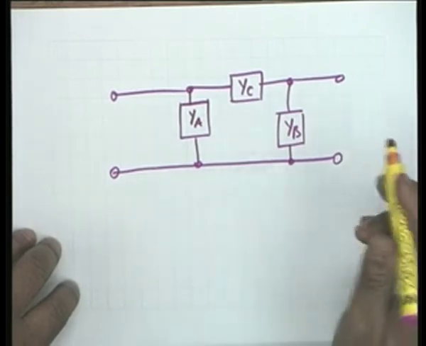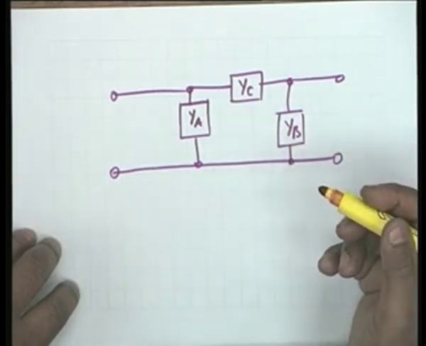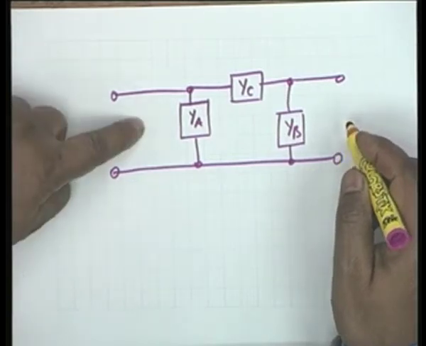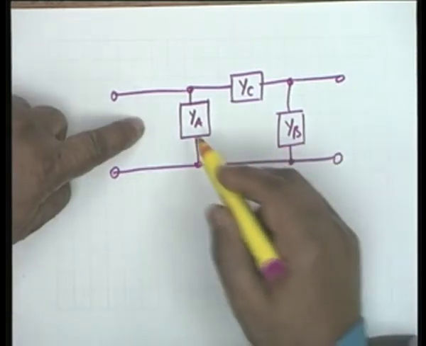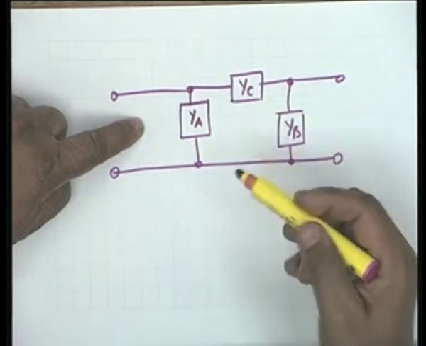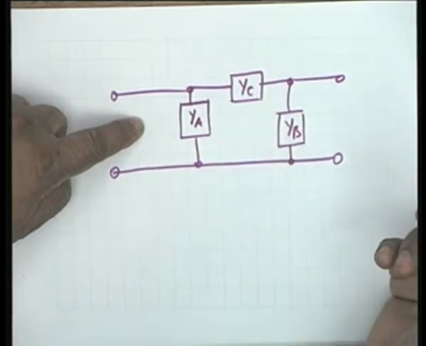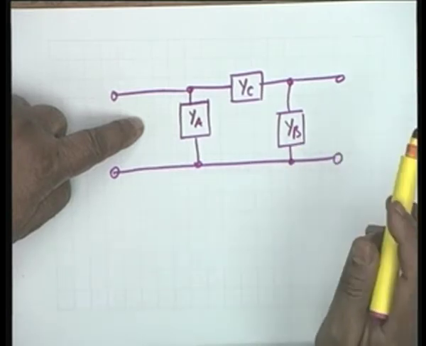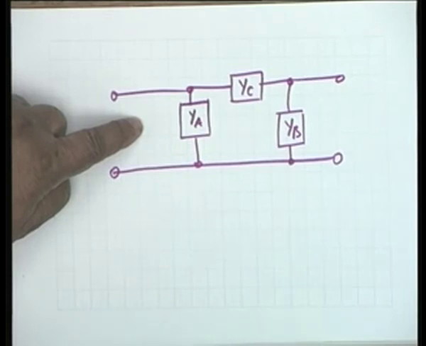It's not that it's very difficult, but you can see that if we keep it open, then the input admittance would be YA plus YC YB divided by YC plus YB. And similarly I can find out Z22 and so on, but it would be instructive to do it by the node analysis. Let's do that.